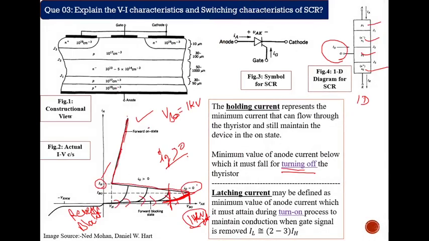Here is one more point. In the forward blocking mode, J1 is forward biased, J3 is forward biased, but J2 is reverse biased.